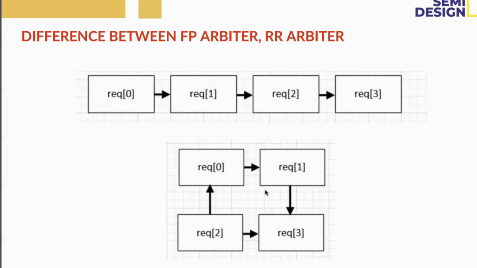So here, what is happening in a priority arbiter? If you see, first request 0, then request 1, next 2, next 3. Again, it does not get back to request 0. If you assume the priority of request 0 is high, then priority decreases in the order request 1, request 2, request 3.